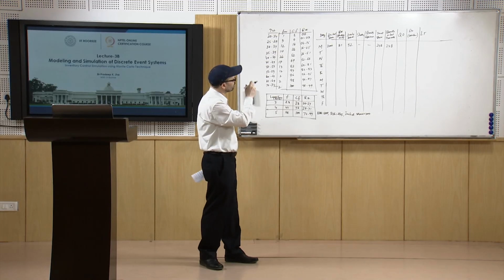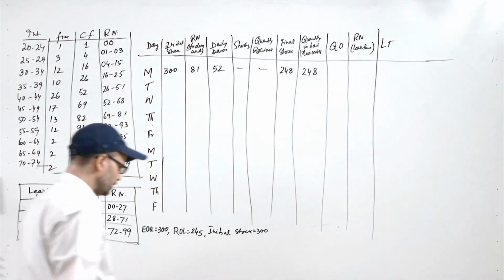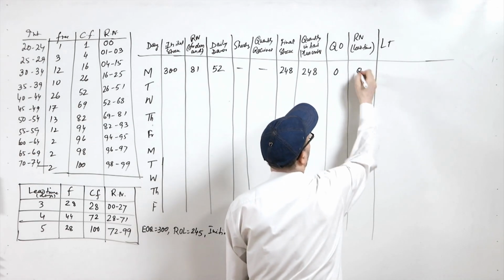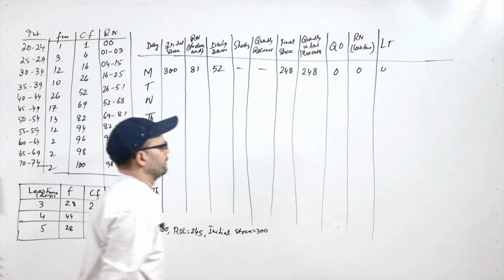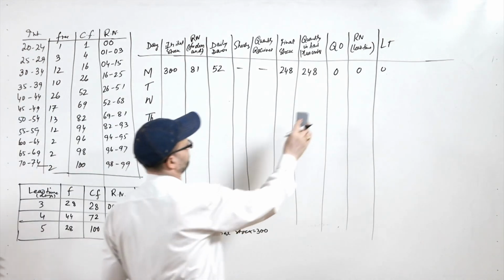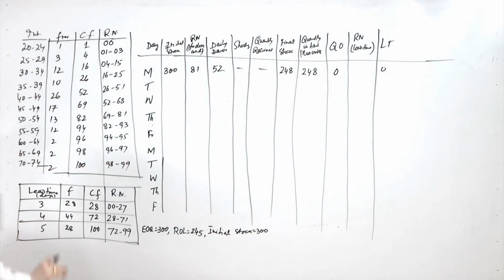Since you have not gone below 245, you are not going to order. So, you are going with 0 and 0 here. Lead time also there is nothing. You do not have any random number assigned at this point. Whenever you require to order, at that time lead time will come into picture.